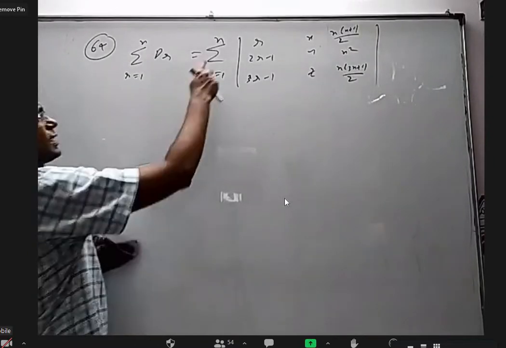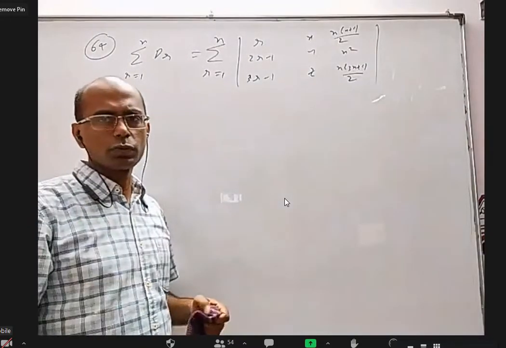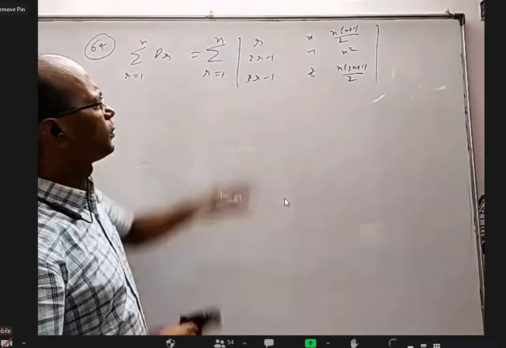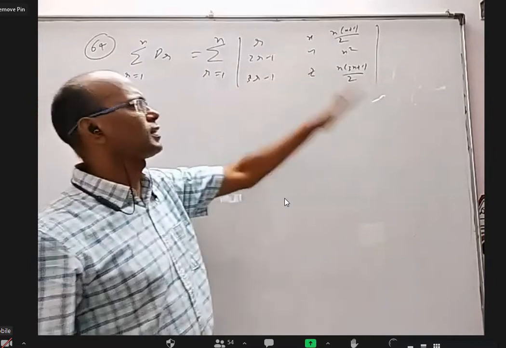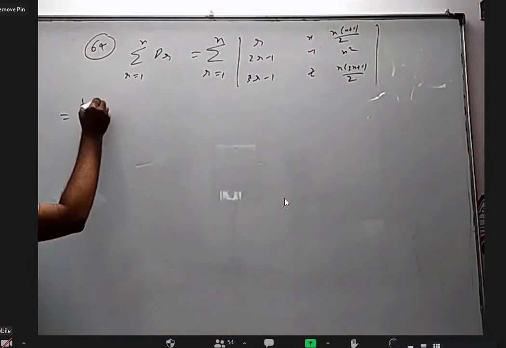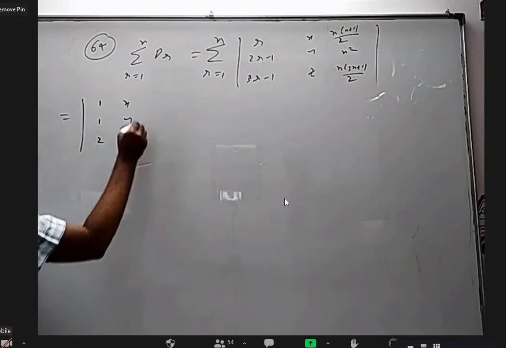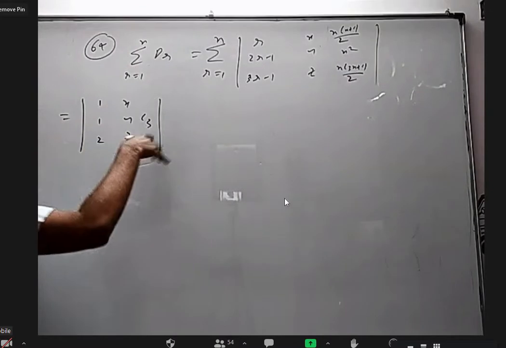What you have to see here is that in the sigma, r is changing. You can take r equal to 1 one time, r equal to 2, 3, 4. But every time only the first column is changing; the second and third columns are not changing. If I put r equal to 1, the determinant has 1, 1, 2, then x, y, z. I will only write column 3, I don't want to write that big expression.